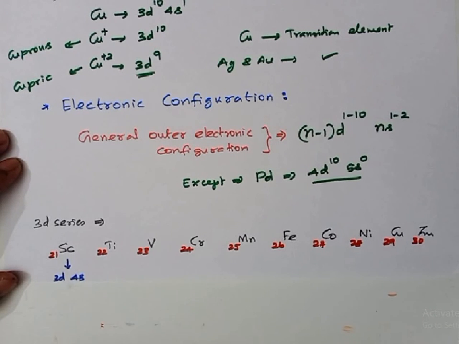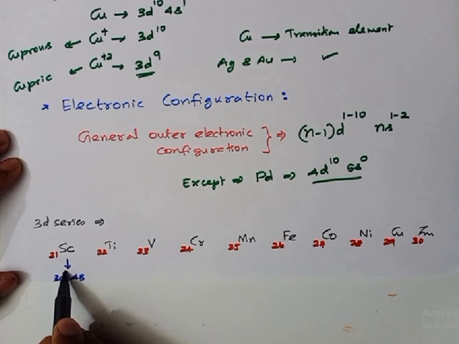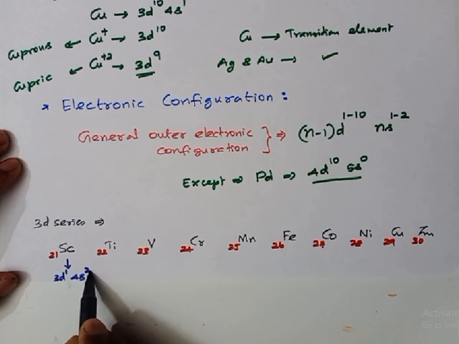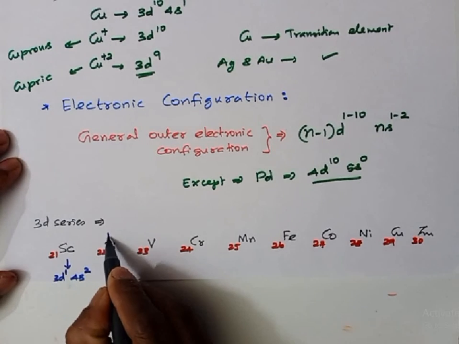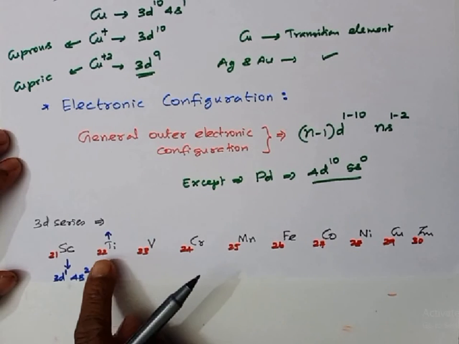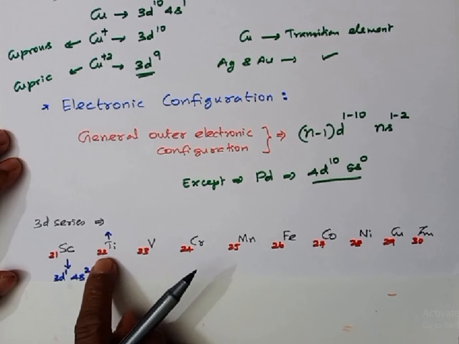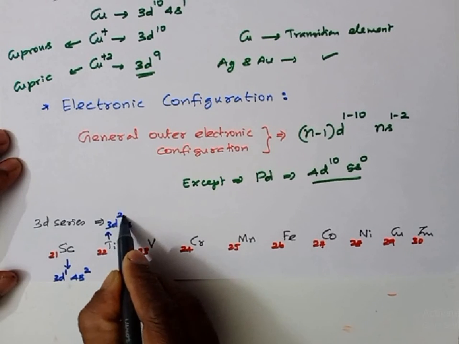Here we have 21. Now put 1 here and 2 here. 3d1 4s2 is the outer electronic configuration of scandium. Then what about titanium? Titanium atomic number is 22. So I'll write 3d 4s.